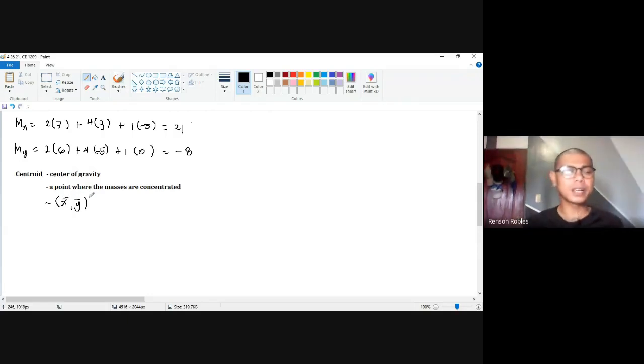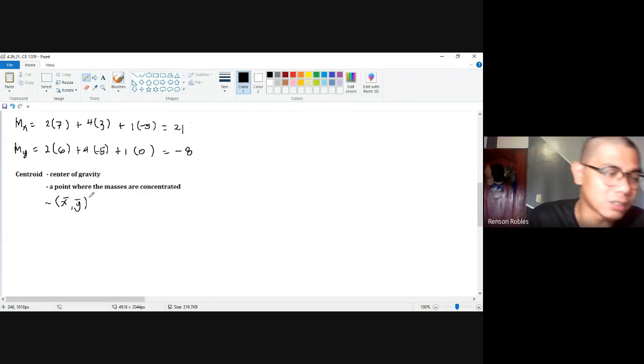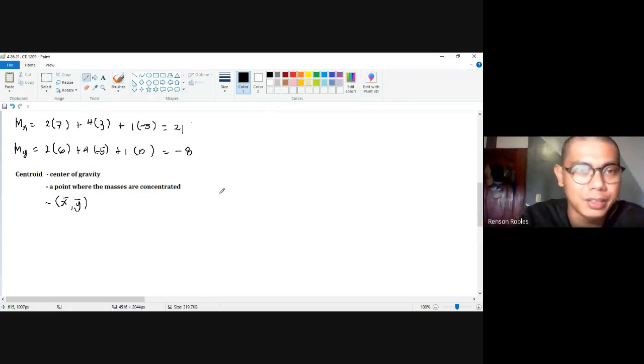Okay. Now, when we compute for the centroid, this is the y-axis, this is the x-axis, and I'll draw a rectangle, and I will locate the centroid.